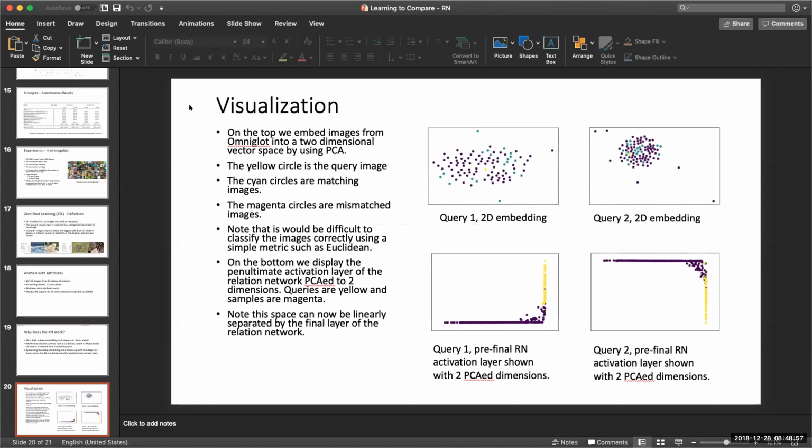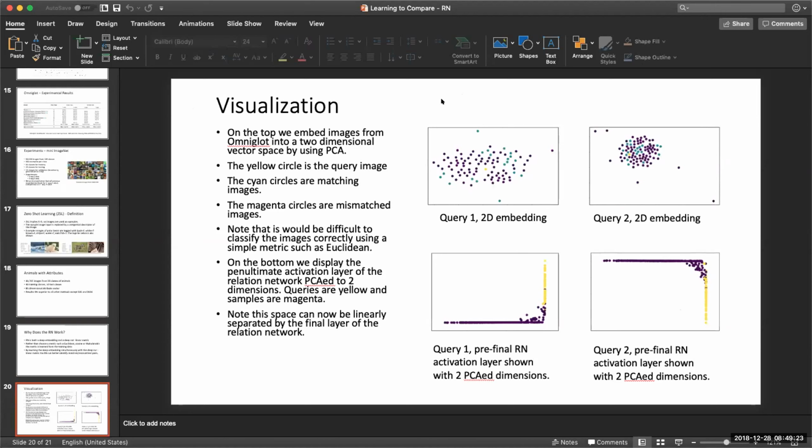Next, this is from the paper, a visualization of why it works well. On the top two diagrams we have the vectors projected.